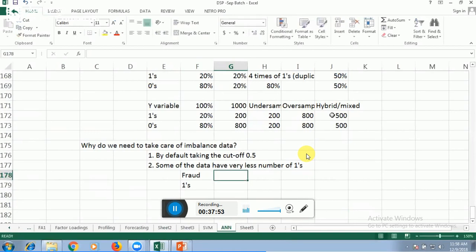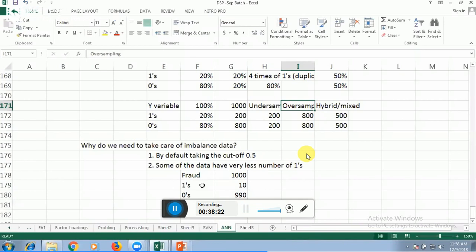Maybe you have a total of 1000 data, and ones probably you got as 10, and the zeros you got as 990. In this case, will you be able to build the model with only 10 observations of ones? It's highly difficult to get accuracy. So this is the place we'll also see oversampling, undersampling, and mixed sampling. This is another reason.